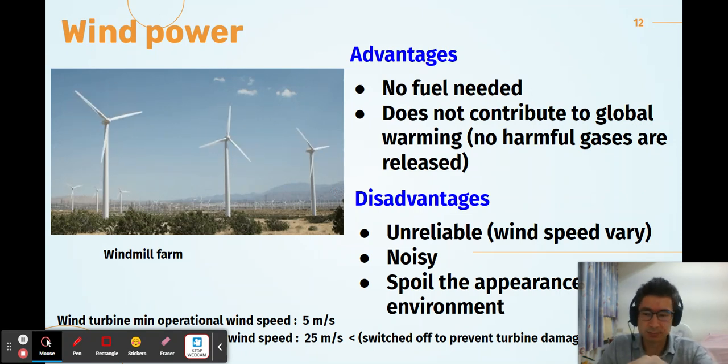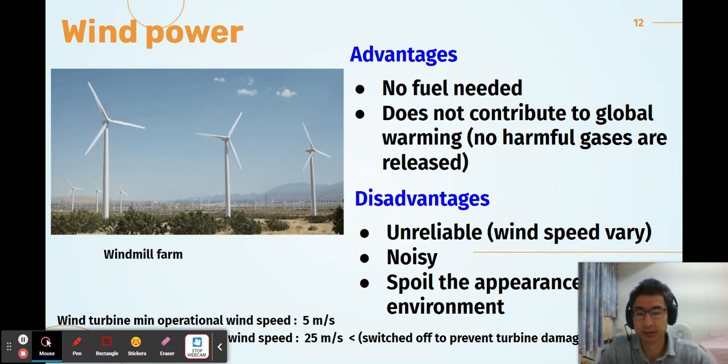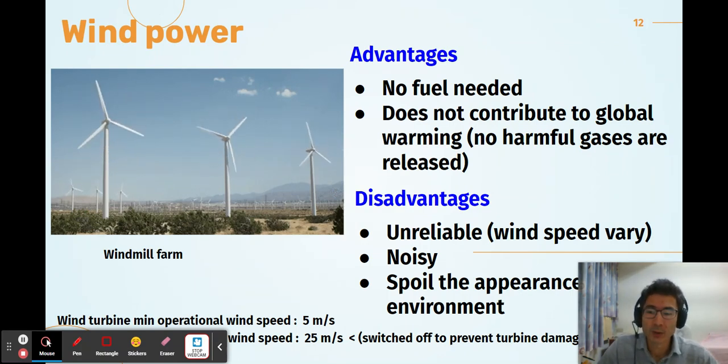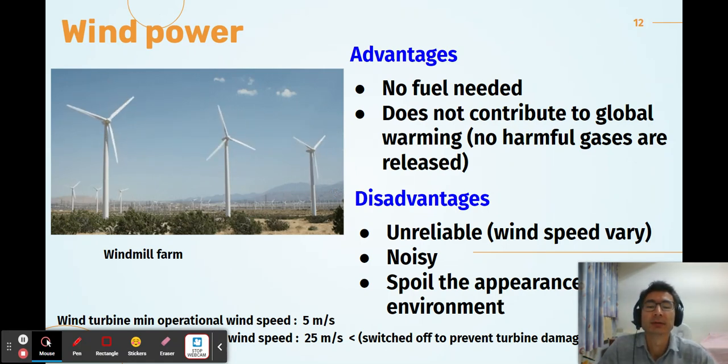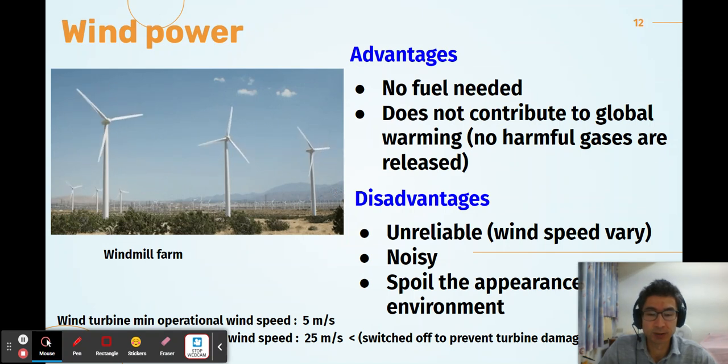So a beautiful landscape becomes wind farms, as you see on the slide. Well, it is good, but then it is bad. It may also disturb the animals living there, especially if the big ones are very noisy.